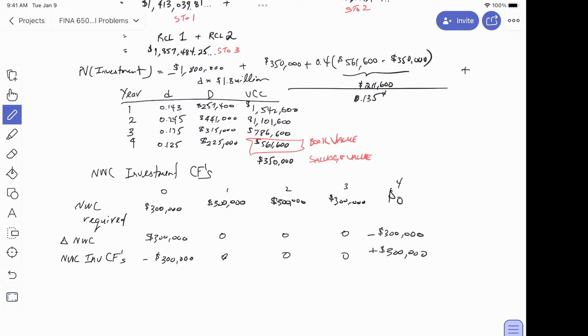So this is not exactly a canceling operation of 300,000 initially and then 300,000 at the end of the 4 years returned to the firm. Time value of money. So you need to take the present value of those amounts and put that into your computation. And what does that do?